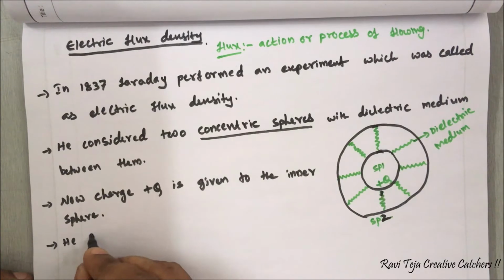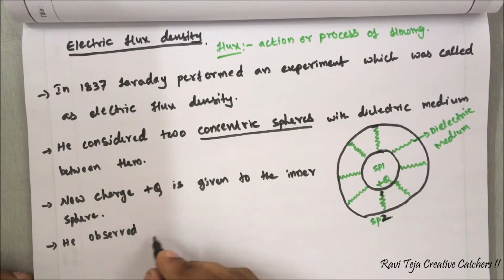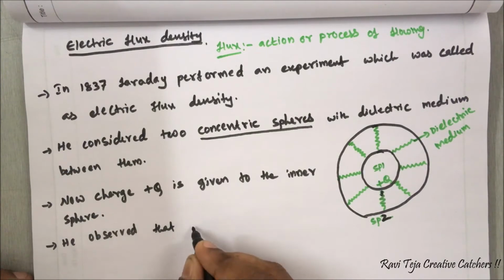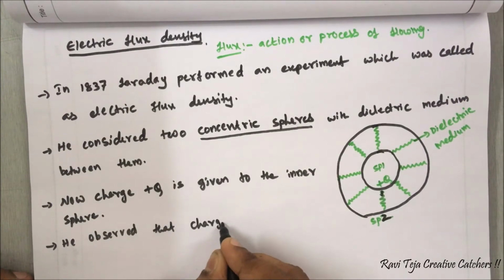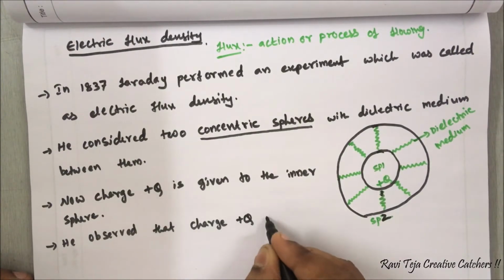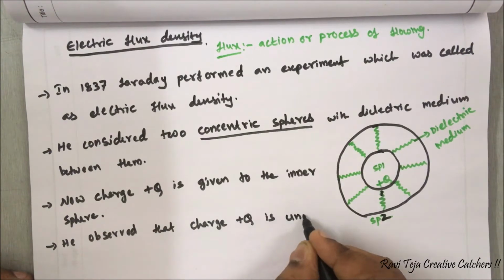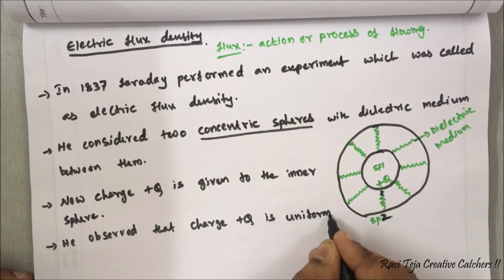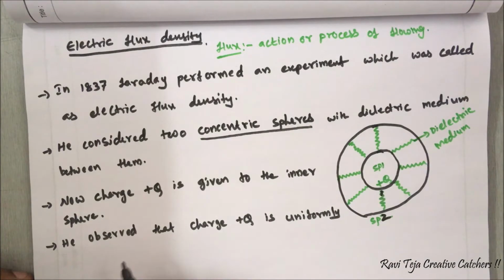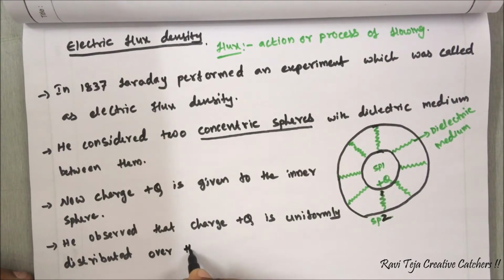he observed that charge plus Q is uniformly distributed over the outer sphere.